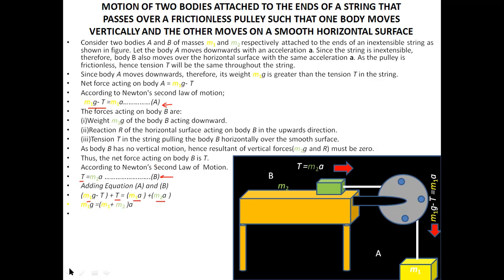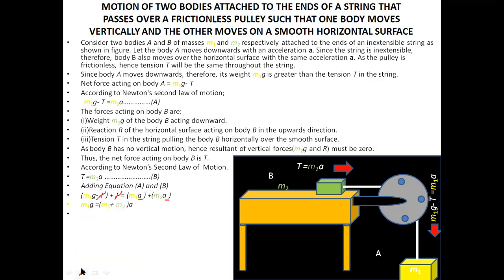So this T, because it is negative, and this T, which is positive, cancel each other out. The new equation can be written as m1g is equal to (m1 plus m2) into A. We have taken A as common because acceleration is the same throughout.